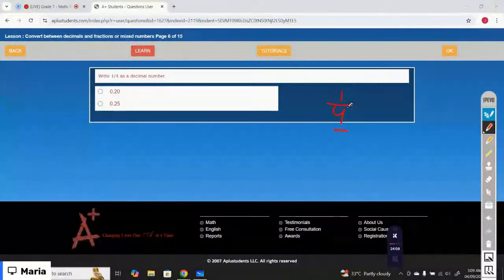Because you cannot make it 10. So make it 100. 4 times 25 is 100, right? So you have 25 by 100. You can write it as 0.25. The correct option is option number 2, that is 0.25.